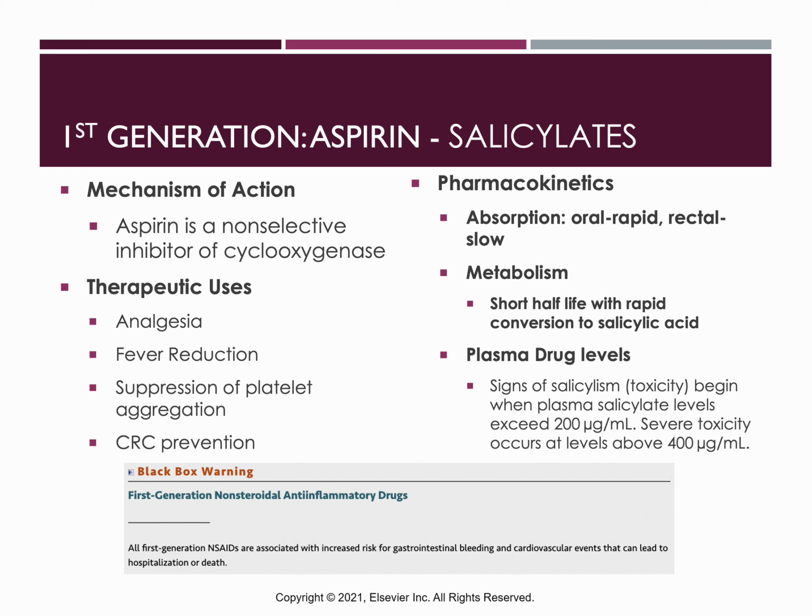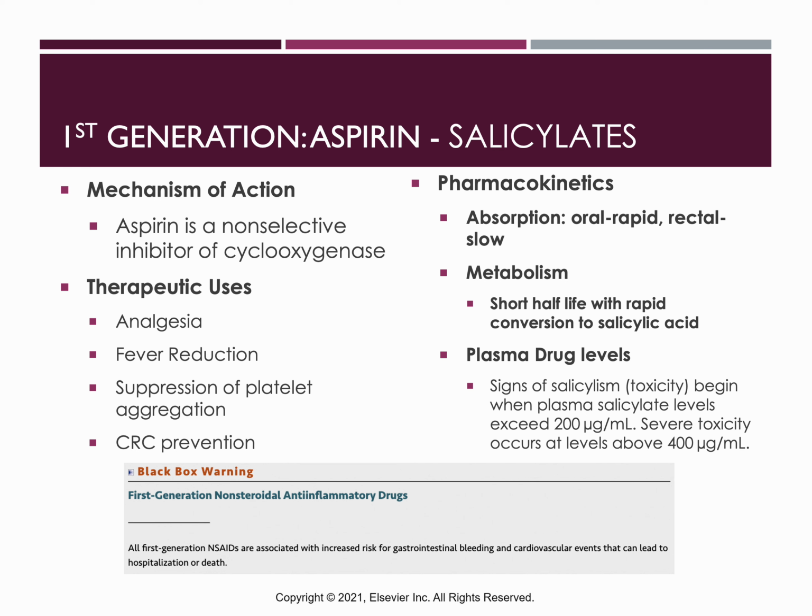In terms of actual plasma drug levels, low therapeutic doses of aspirin will produce a plasma salicylate level of less than 100 micrograms per milliliter. However, if you're dosing it for an anti-inflammatory effect, then it's going to produce salicylate levels of about 150 to 300 micrograms per milliliter.